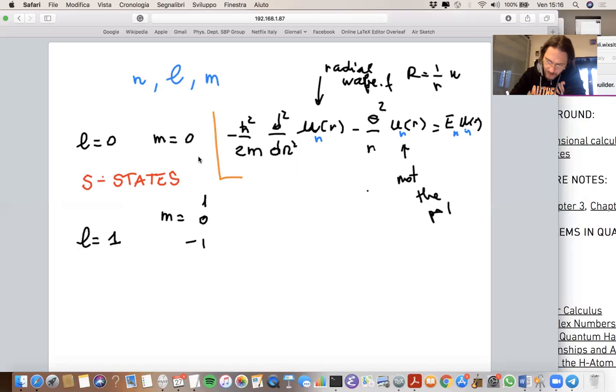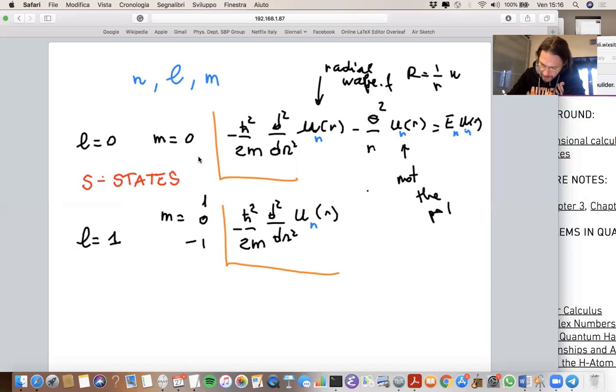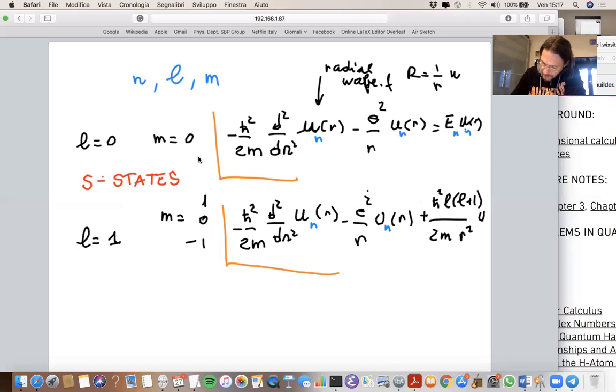So let me write the Schrödinger equation for each state: negative h bar squared over 2m, d squared by dr squared of u with principal quantum number n, minus e squared over r times u with principal quantum number n. But this time I will also have a contribution from the effective potential: h bar squared L times L plus 1 divided by 2m r squared times u of n, and this will be equal to E u of n.